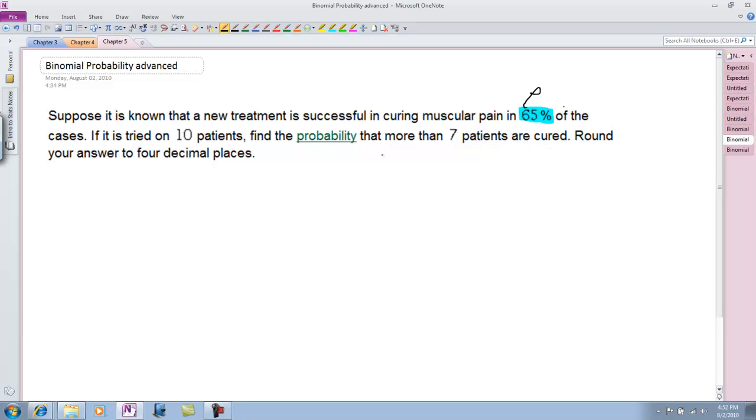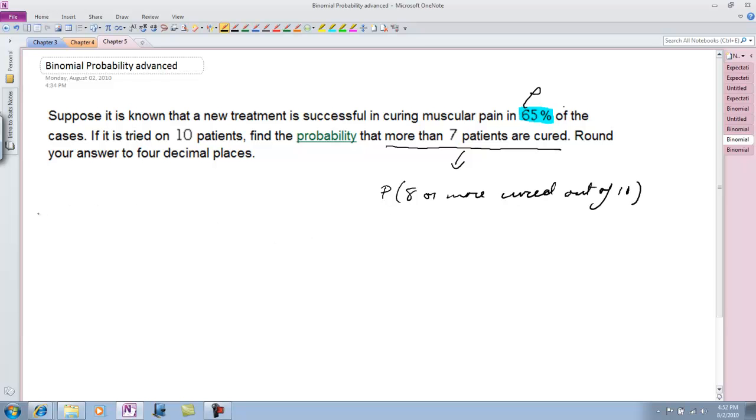If it works on 7, that's not more than 7. So what we're really looking for when they say more than 7 patients is the probability of 8 or more cured out of 10.